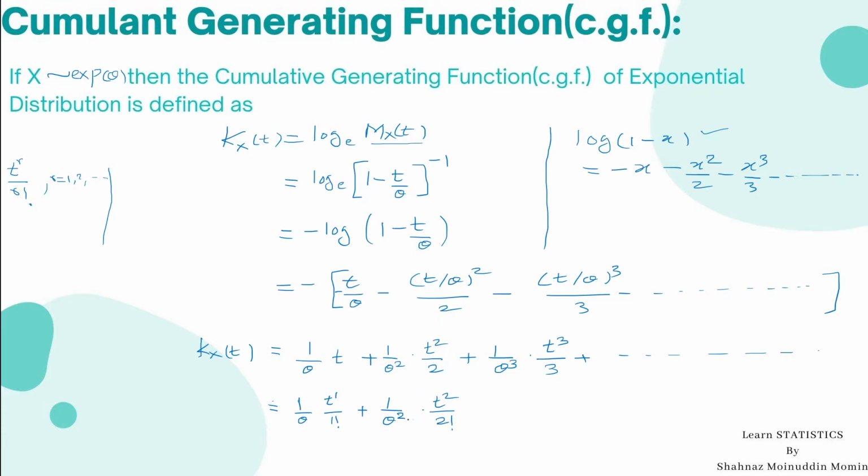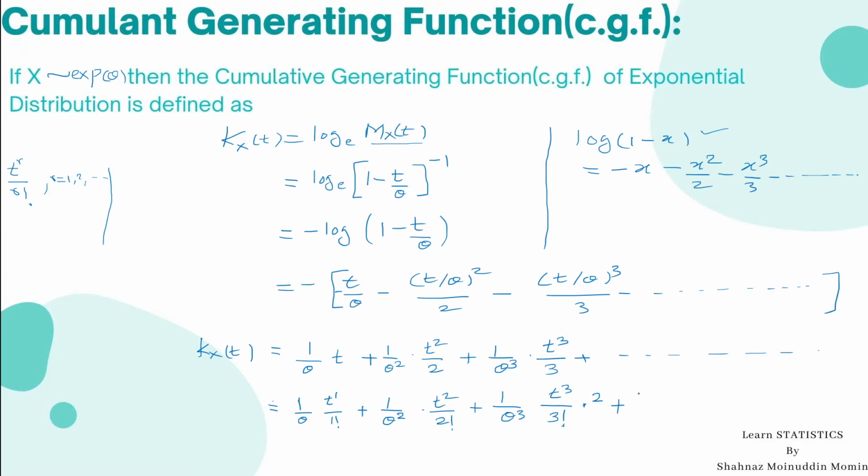So here there is no need to adjust the factors to get the factorial. In the third term, we want 3 factorial in the denominator, t cube by 3 factorial. So to get 3 factorial, we multiply and divide the numerator and denominator by 2, then we get 3 factorial.